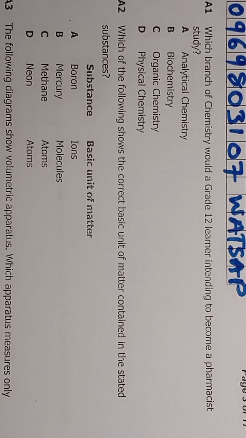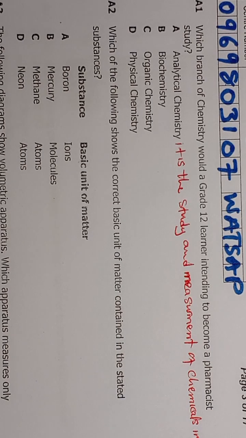So the first thing that you need to do, you need to understand what is analytical chemistry, what is biochemistry, what is organic chemistry, what is physical chemistry. So I'll help you to define these branches of chemistry that we've been given before we go to the answer. So analytical chemistry, it is the branch of chemistry that deals with a study and measurement of chemicals in a sample. Option B, what is biochemistry?